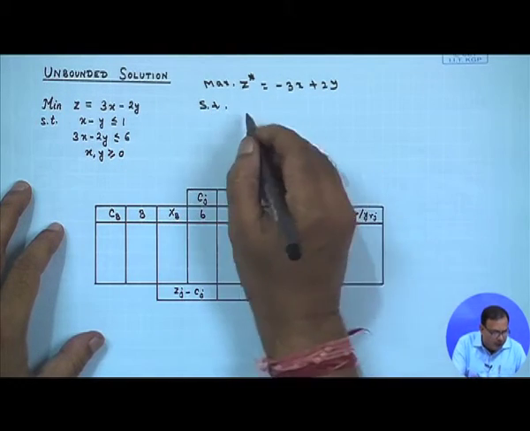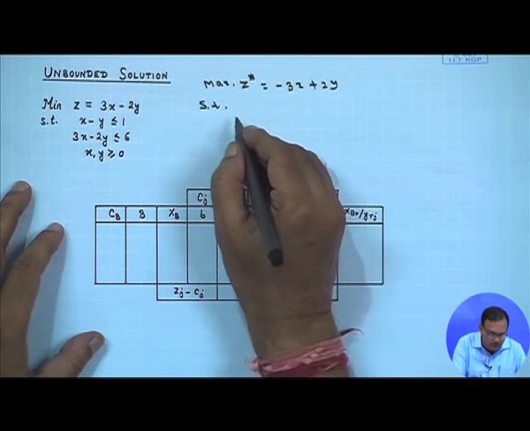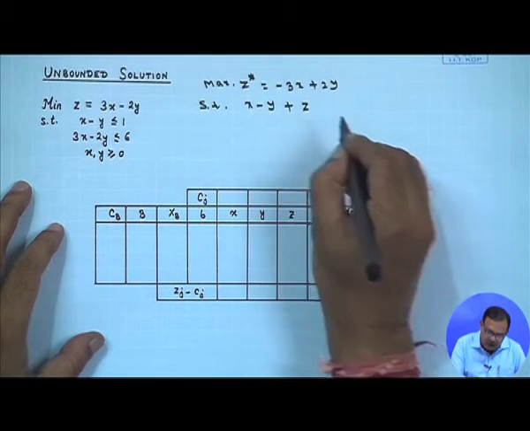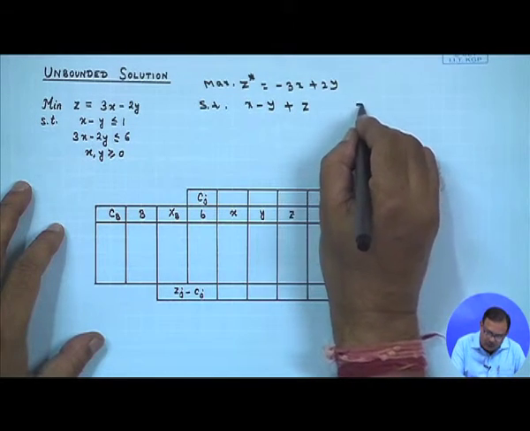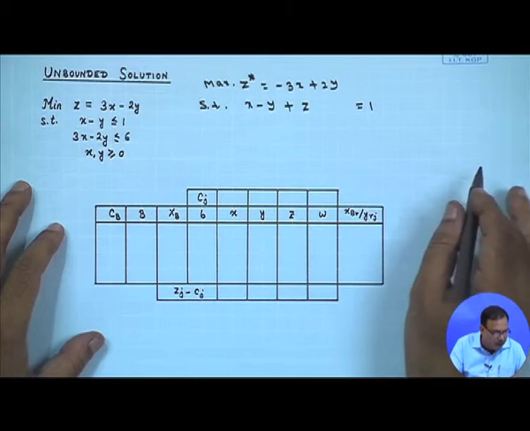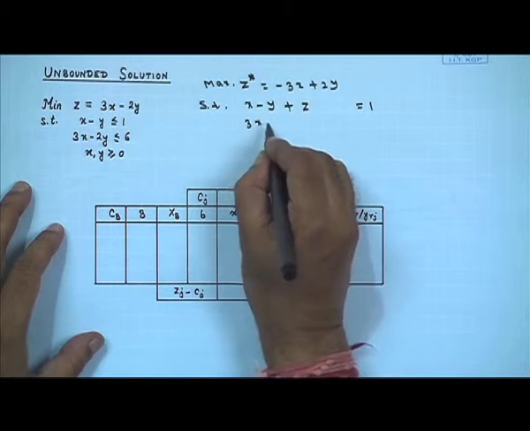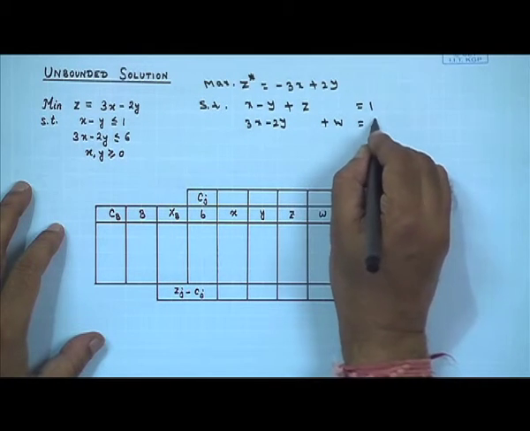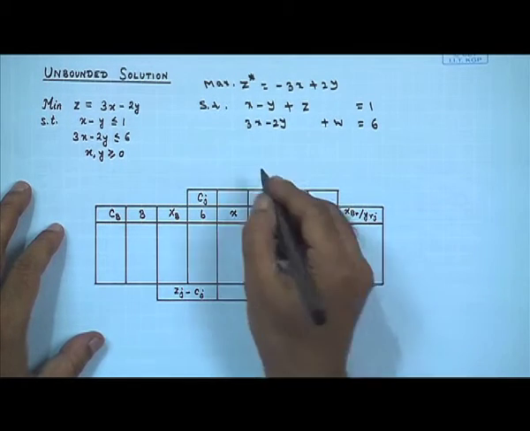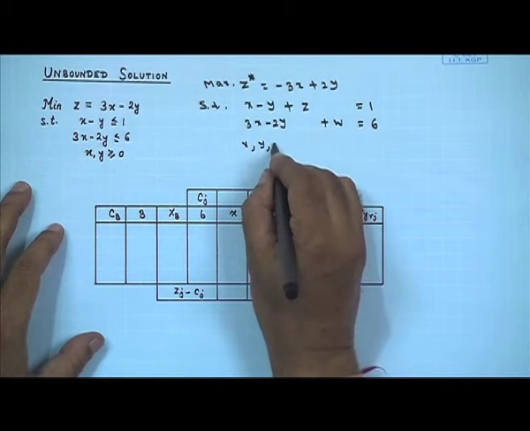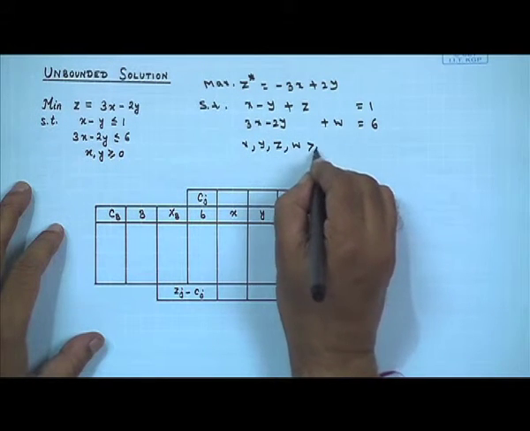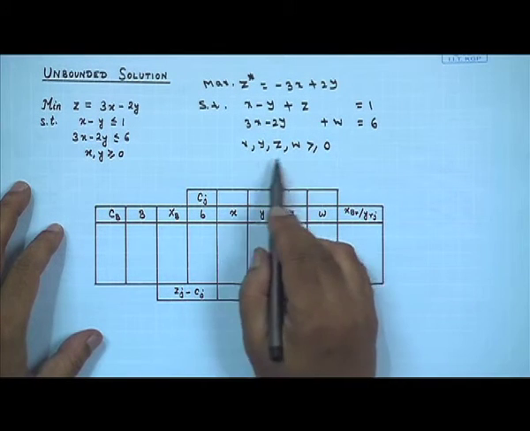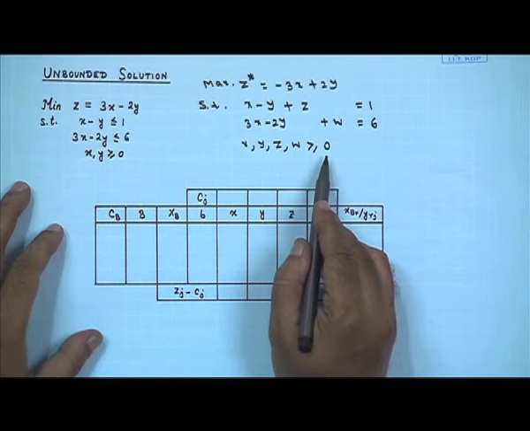Subject to x minus y plus z equals 1, and 3x minus 2y plus w equals 6, where x, y, z and w are all greater than or equal to 0.